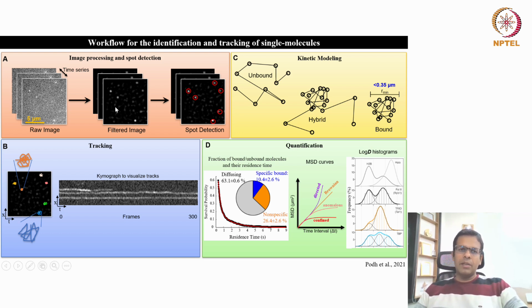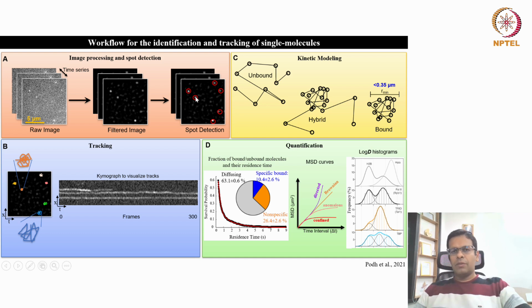After filtering the image, you can see the single molecules are now easily detectable, and the software can detect them robustly using intensity-based thresholding. Generally for this kind of tracking, we use MATLAB-based tracking software. Those software recognize these particles in all the frames of the time-lapse movie using intensity-based thresholding.